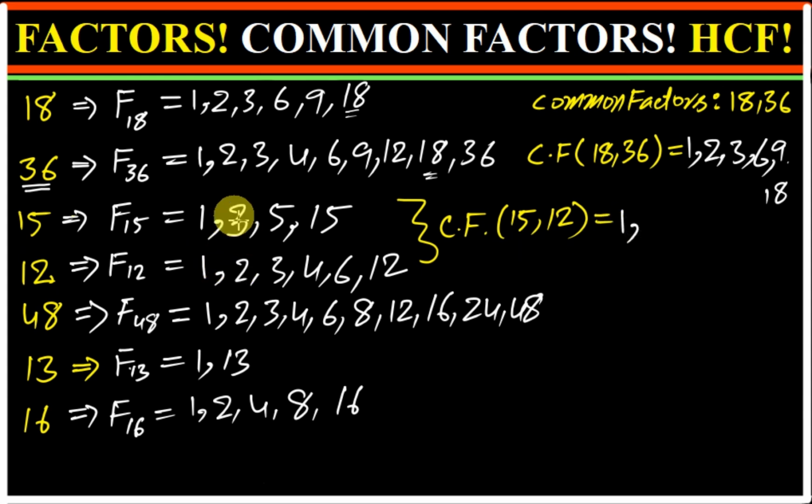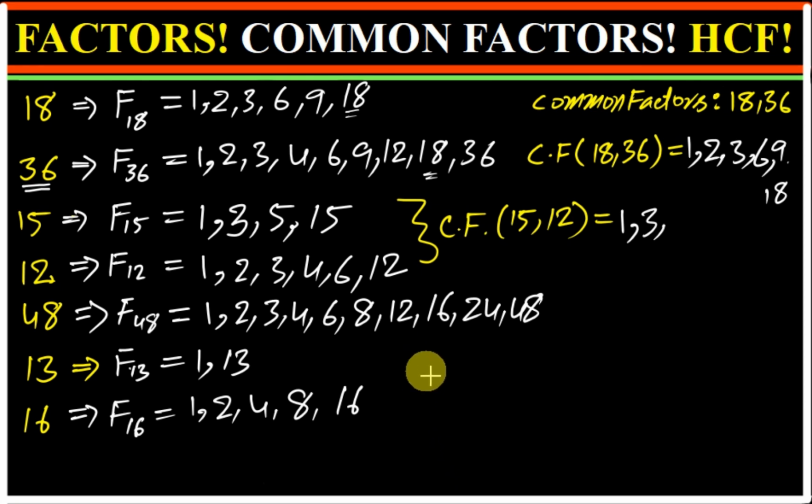Then 2 is not common. 3 is common. You can see 3 is here, 3 is here also. What else? 4, no. 5, no. 6, no. 12, 15, no. So only 2 common factors are there between 15 and 12. This is how we can find the common factors between 2 or more than 2 numbers.